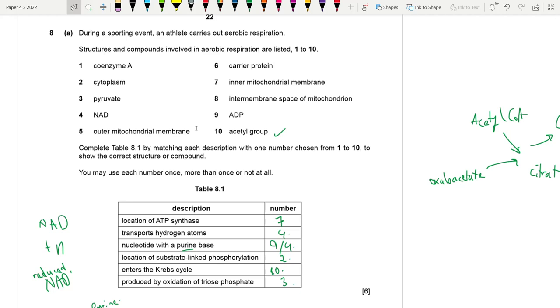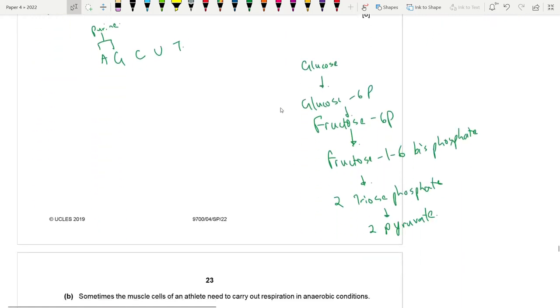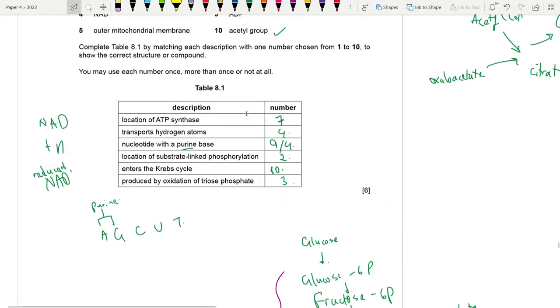So that acetyl group enters the Krebs cycle. So number 10. Processed by oxidation of triose phosphate: pyruvate. This is in glycolysis. Triose phosphate is oxidized to form pyruvate. We get 2 molecules of pyruvate from 1 glucose molecule. These are the steps of glycolysis. You should know the basics.